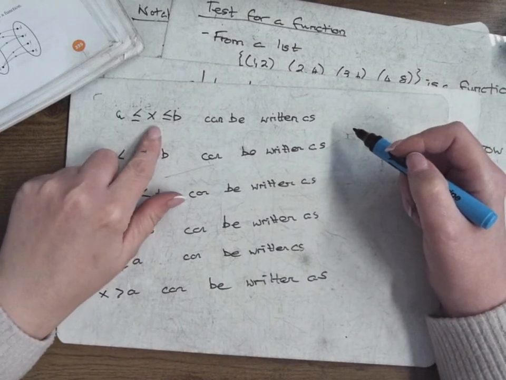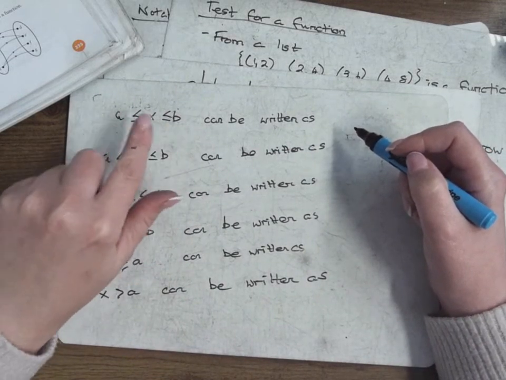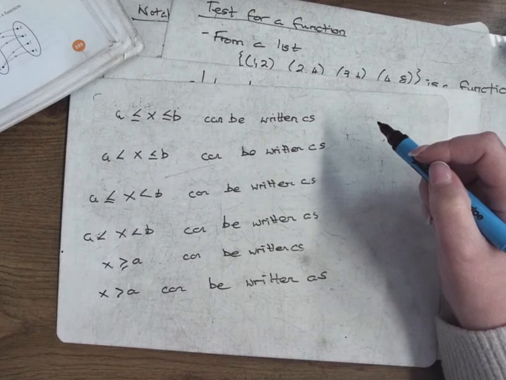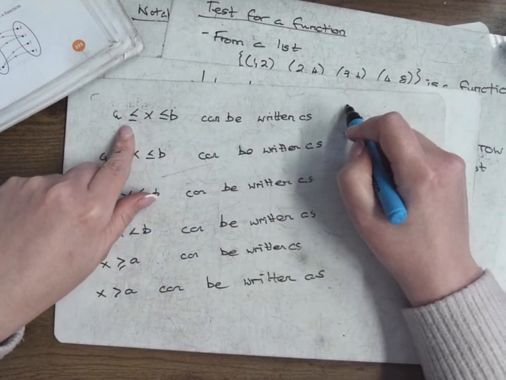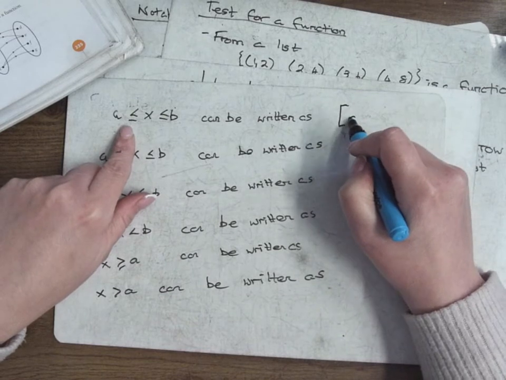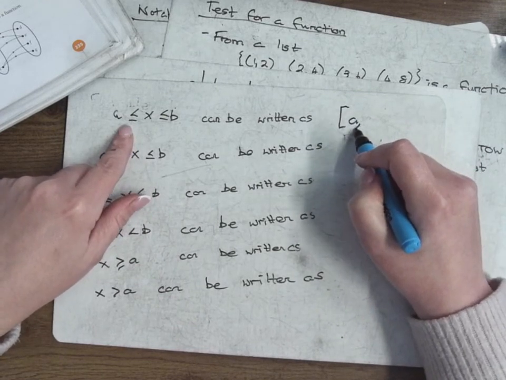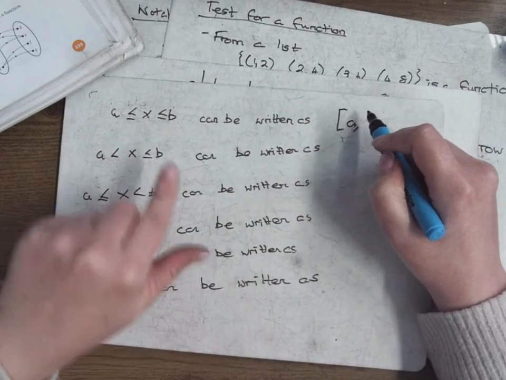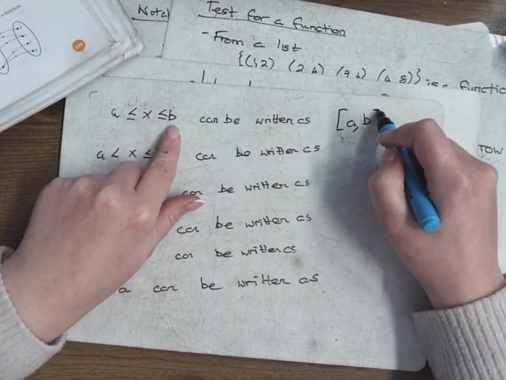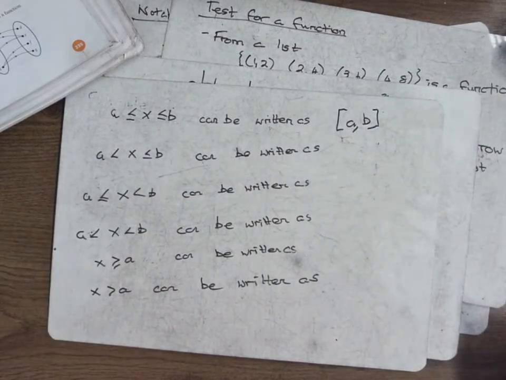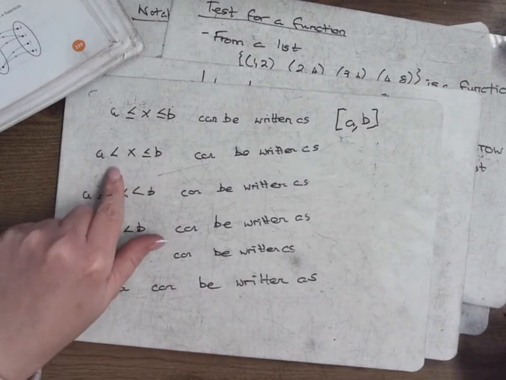See this? X is between A and B, agreed? Are A and B part of the answer? Is A part of the answer? Yes, so you put a square bracket around A to say A is included. And B, is B included? Yes, so you put a square bracket again. This one, is A included?